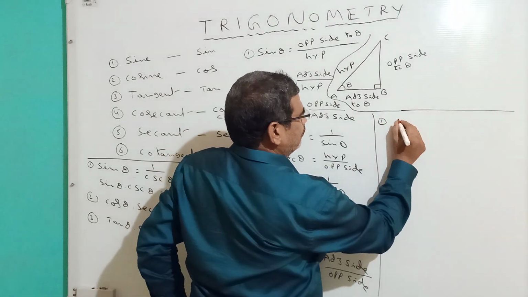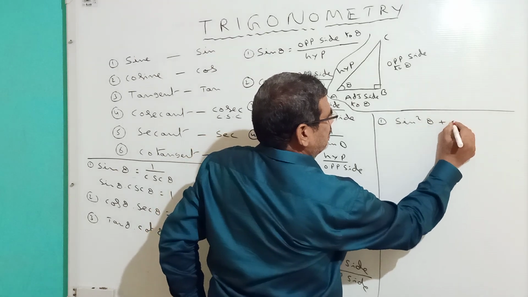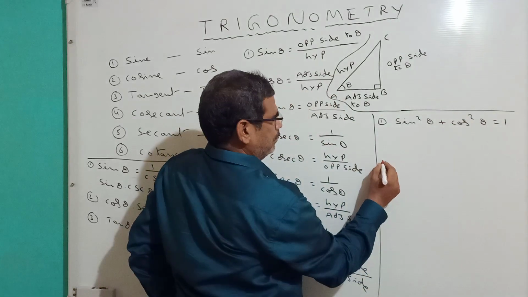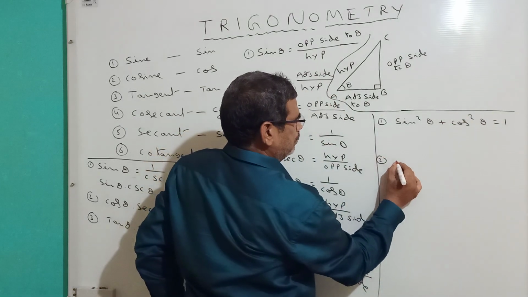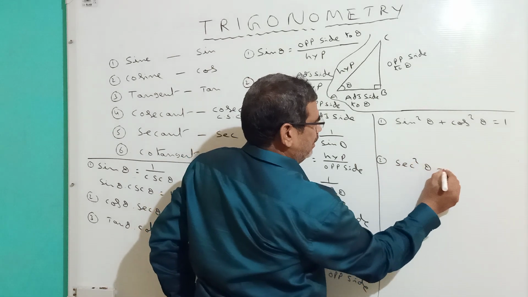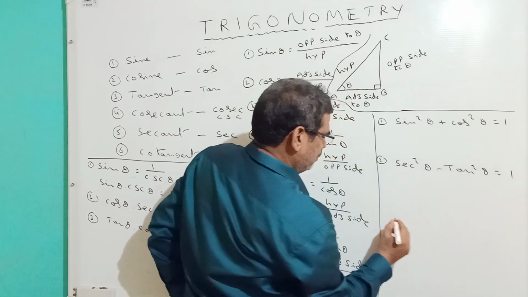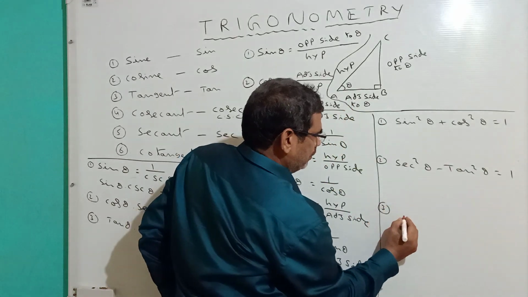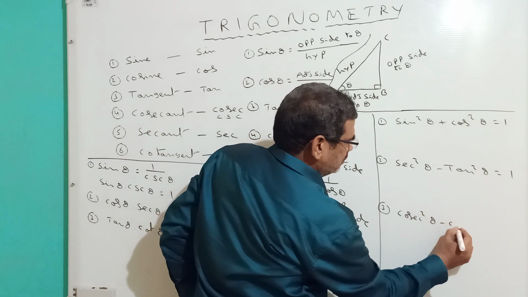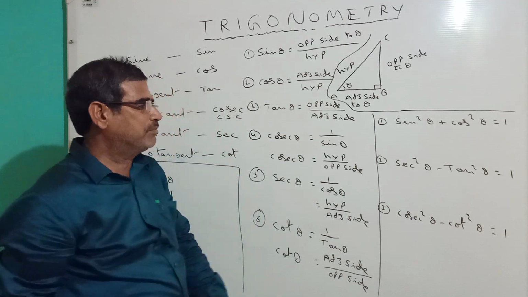First one, sin square theta plus cos square theta is equal to 1. Second one, secant square theta minus tan square theta is equal to 1. Third one, cosecant square theta minus cot square theta is equal to 1. You have to remember these three.